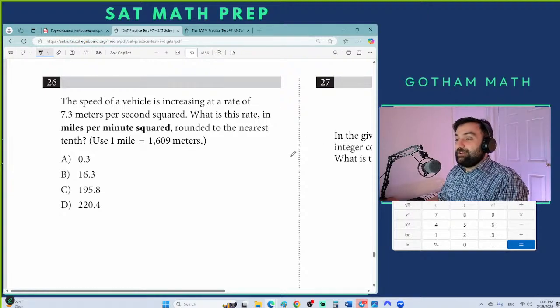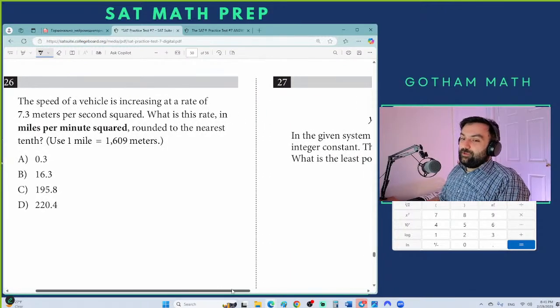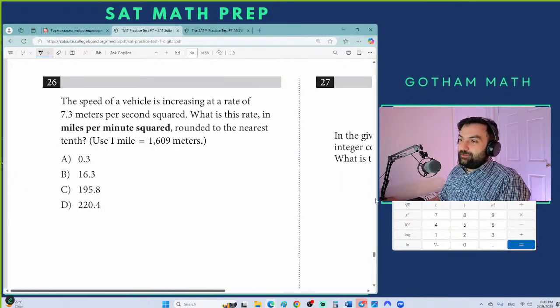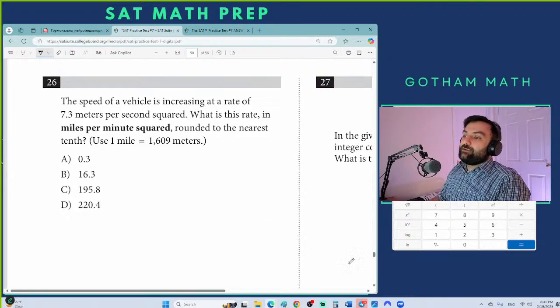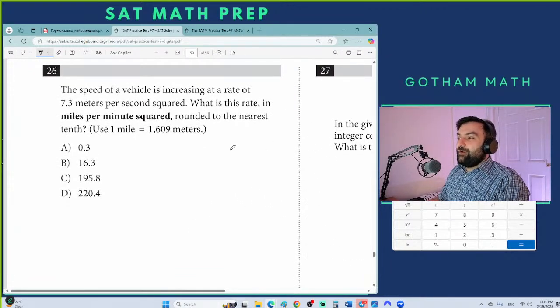Number 26. So the last two questions, guys, are two important questions. I hope your math score is going to happen here, on the last two questions. That's where it's going to matter. I hope that up until this question you went as confident as you could, pushing, pushing, pushing.